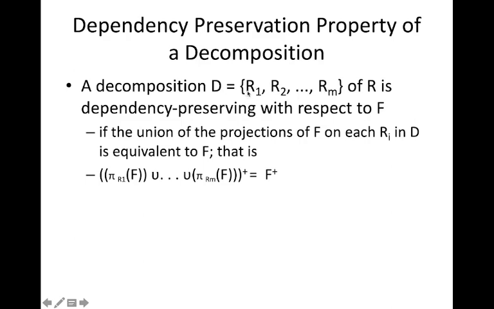We take the union of all those functional dependencies, and it will be a huge set. If we take the closure of that set and it is equivalent to F plus, then we can say that it satisfies the dependency preservation property.